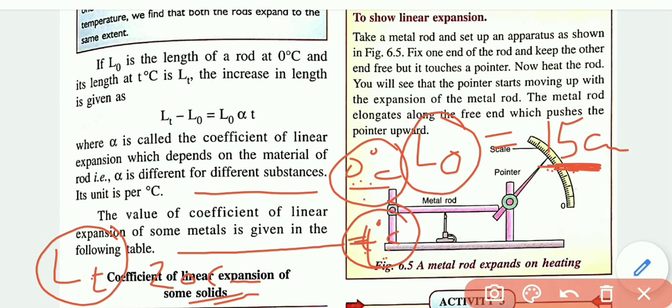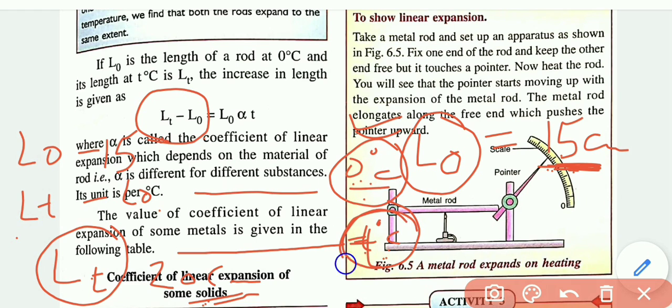How much is the increase? 20 minus 15, that is, Lt minus L0. That is the increase in length when the temperature increases from 0 degree to t degree centigrade. Is it clear?